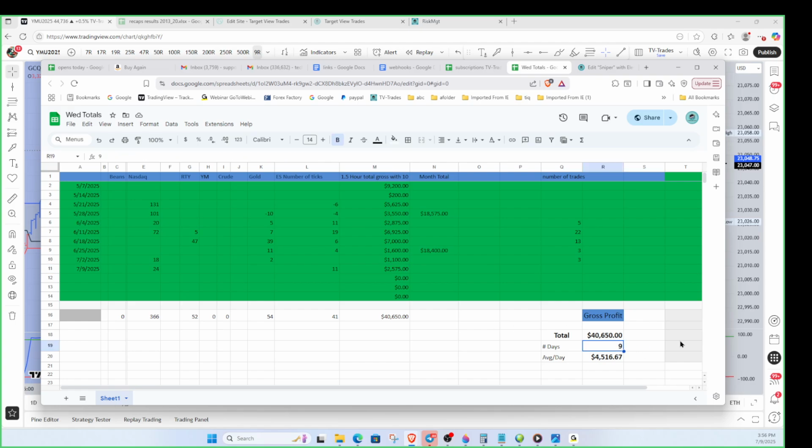Okay, and this number down here becomes a 10. It's our 10th Wednesday that we've traded live. Alright, 1, 2, 3, 4, 5, 6, 7, 8, 9, 10. Our 10th Wednesday that we traded live. So our average on the Wednesdays is $4,065 with 10 contracts on, or $406 with 1 contract on the Wednesdays.